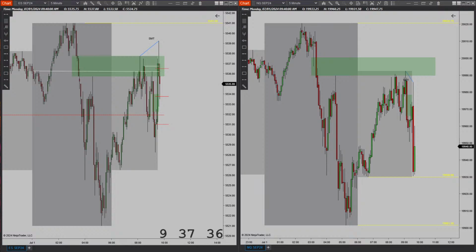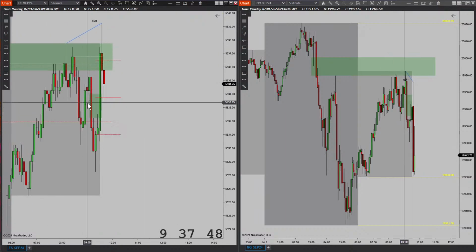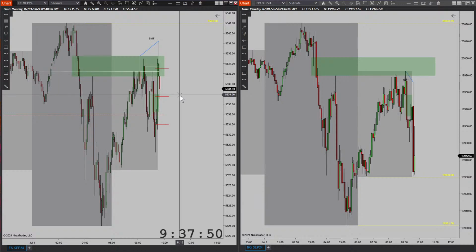What I want is for price to close below equilibrium of this small time frame. As long as price keeps doing that, then I'm happy holding. There we go, perfect.